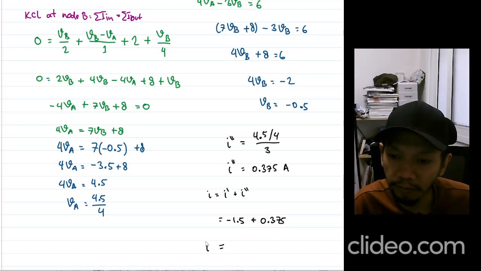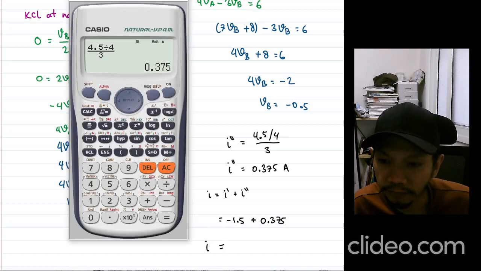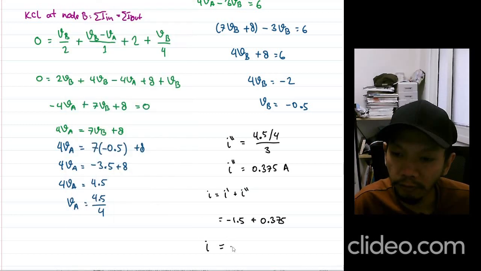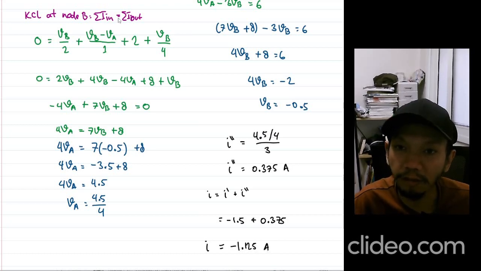And so that will be our I. Minus 1.5 plus 0.375, that will be minus 1.125, and the unit here will be ampere. So this is the current.